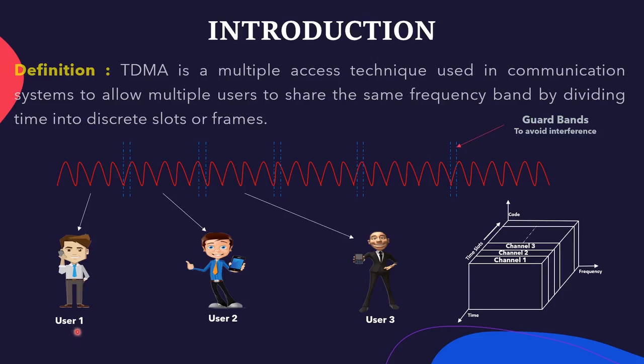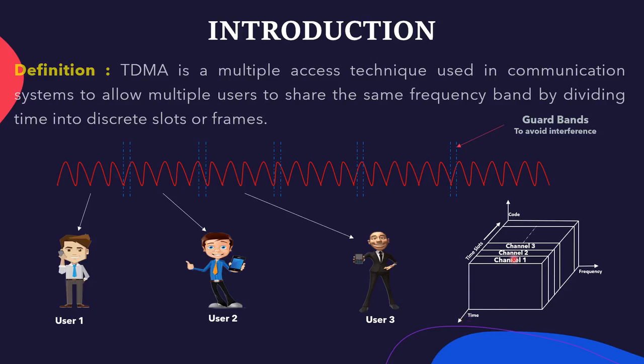If you can see, we have user 1, user 2, and user 3. User 1 will have the time slot for user 1, and then user 2 will have his own time slot, and user 3 will have his own time slot. On the right side, I also prepare a formal representation of the TDMA concept. On the x-axis is frequency, on the y-axis is code, and the z-axis is for time.